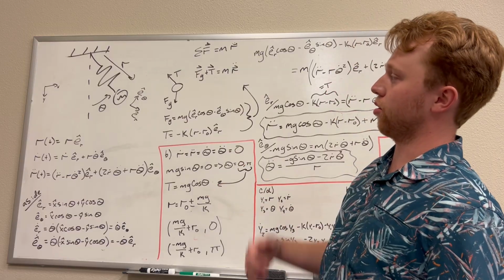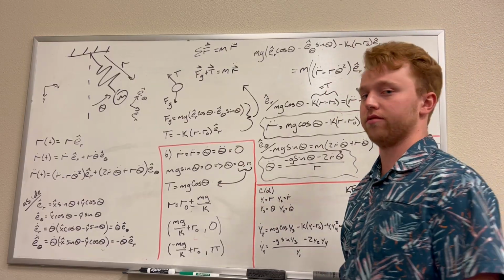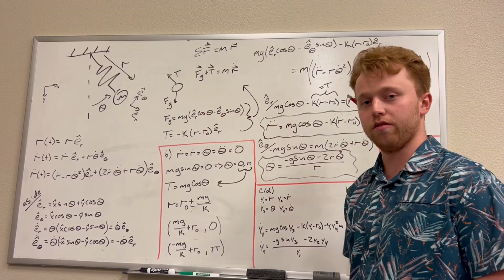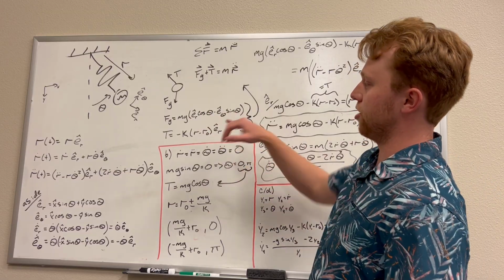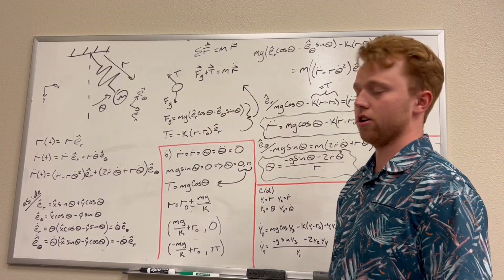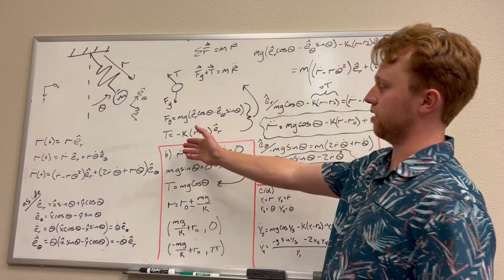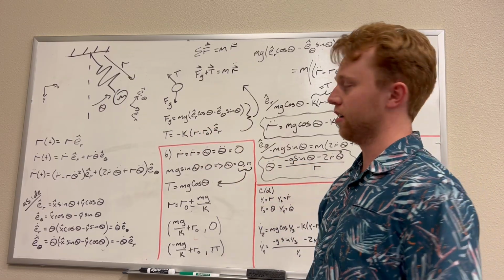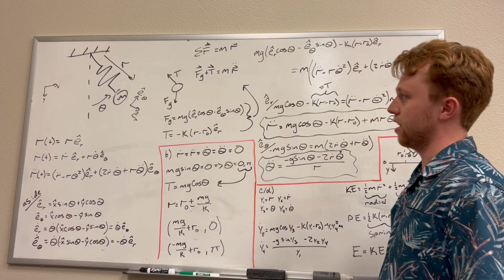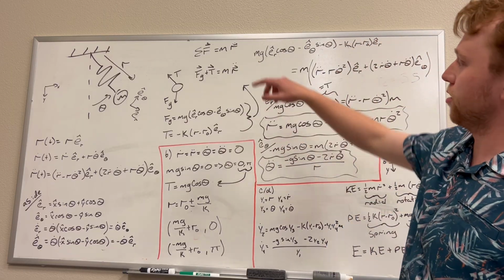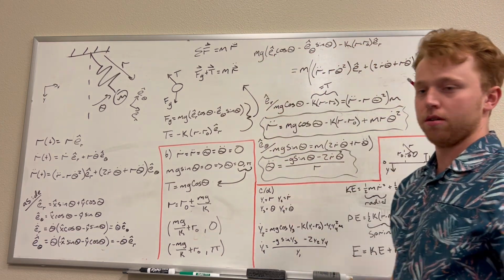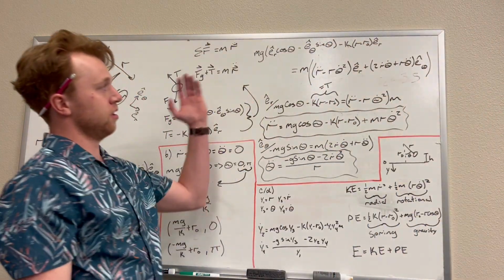Doing a little coordinate transformation to get it to the relative reference frame gives you this value for the force of gravity, and then tension is always in the e_r hat direction, and it's negative k times (R minus R naught). Pretty standard stuff.